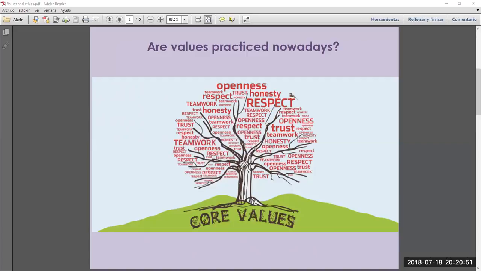We need honesty or openness, but the meaning is we need one or the other. Nosotros necesitamos honestidad o apertura. That's it.